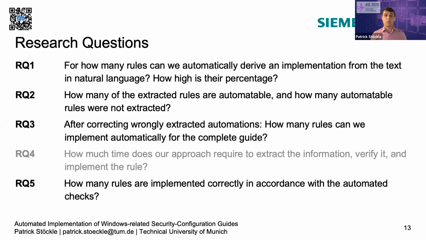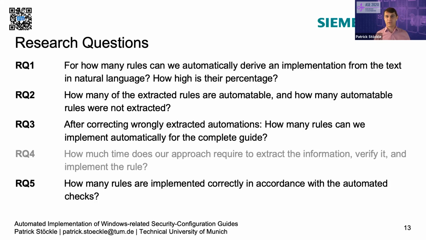The second was how many of the extracted rules are automatable, and how many automated rules are not extracted. So what is our error, more or less? And the third research question was, after correcting wrongly extracted automations, how many rules can we actually implement automatically? We did some benchmark evaluation on these first 3 research questions.